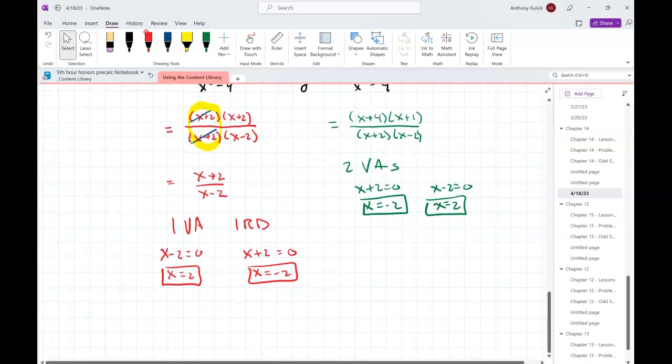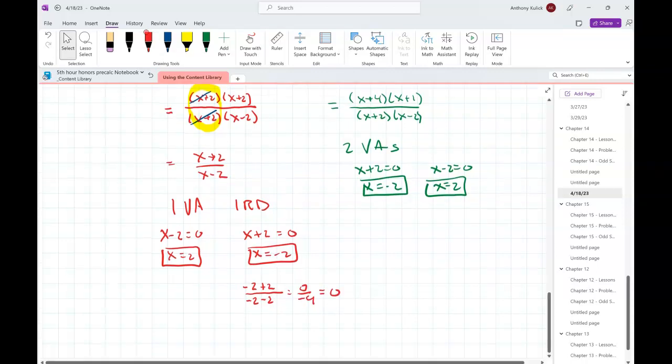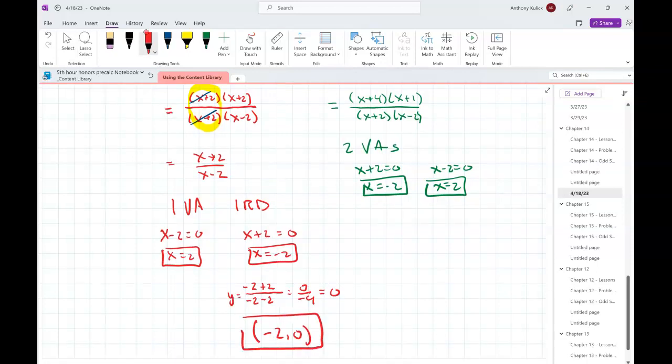If I do that, I get something that is not undefined because it will not have a denominator of 0. So the location of that hole in my graph is at the point -2, 0. Is everybody okay with that?